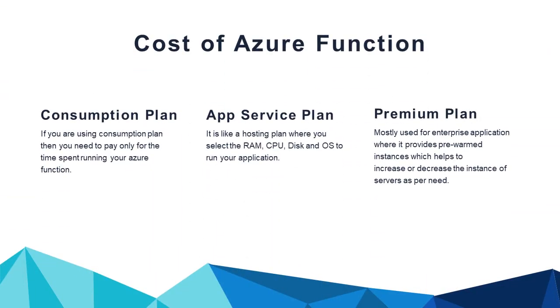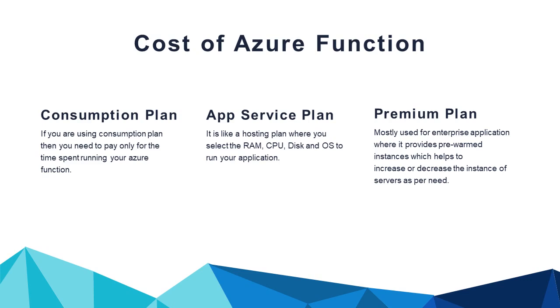How much does Azure Functions cost? Azure Functions has three kinds of pricing plans. Choose the one that best fits your need. First, the consumption plan. If you are using the consumption plan, then you need to pay only for the time spent running your Azure Function. Second, the app service plan.